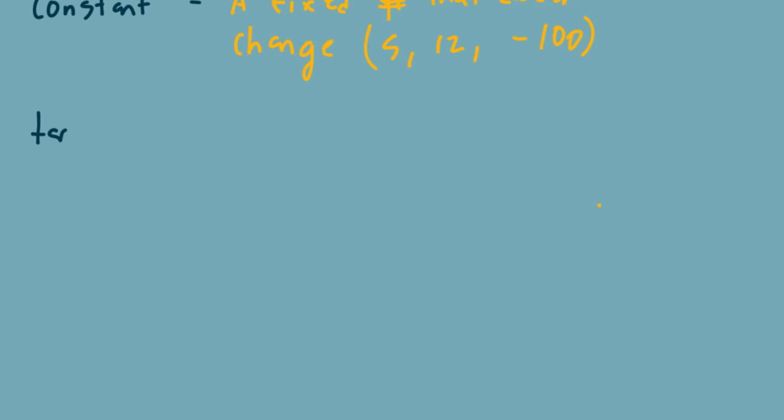Another is a term. A term is a single number, a variable, or just any number, such as coefficients, constants, or variables that are multiplied by a variable.